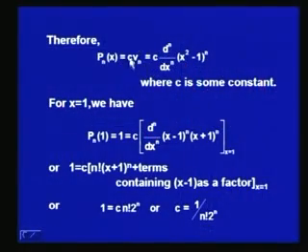So, when you differentiate (x^2 - 1)^n, which is a polynomial of degree 2n in x, n times you will get a polynomial in x of degree n, and P_n(x) is also a polynomial in x of degree n.